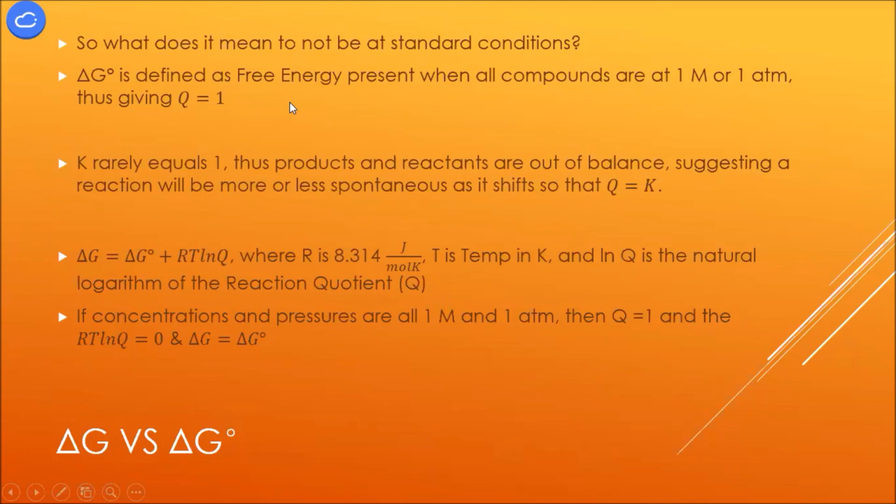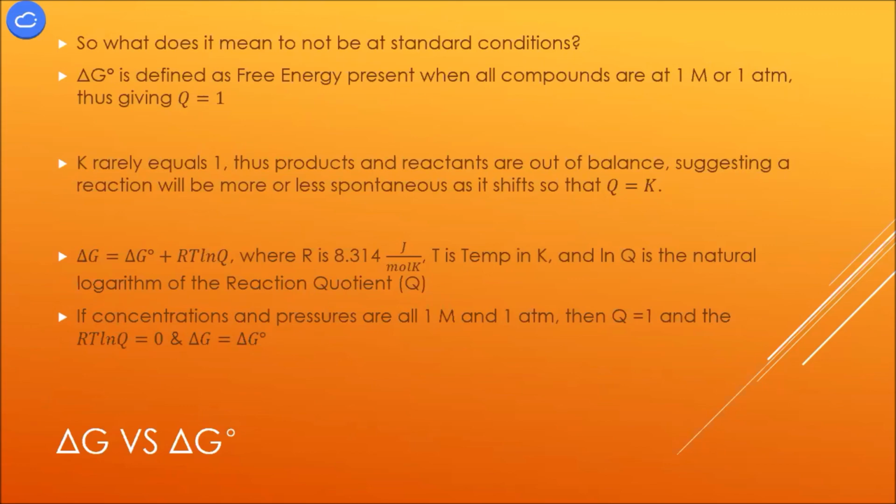But we rarely, if ever, do a reaction where we have 1 molar products and 1 molar reactants and 1 molar of everything. That's not how we do chemistry. We mix reactants together and then calculate what is the actual reaction going on. Our K expression is rarely equal to just 1. So this means delta G standard is a hypothetical more times than not.